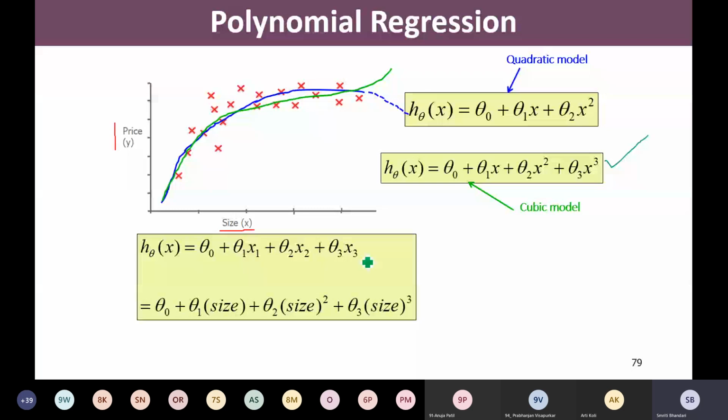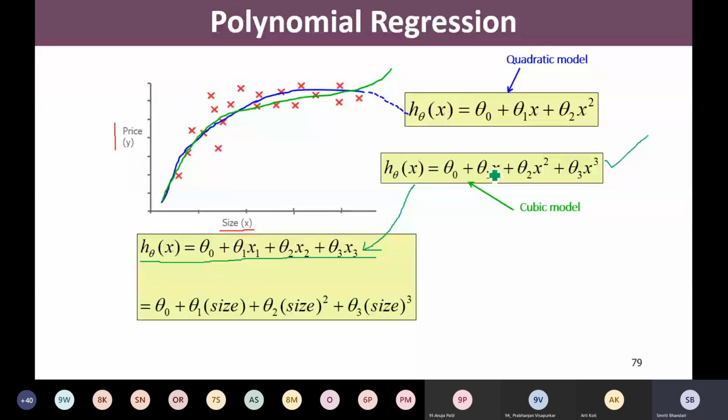Let us assume that this is my multiple regression hypothesis, because here we have considered three features x1, x2 and x3. Now I would like to relate my cubic model with this hypothesis of multiple regression.